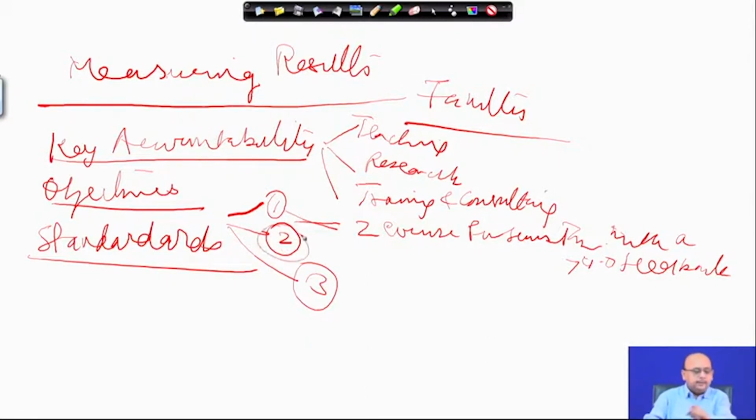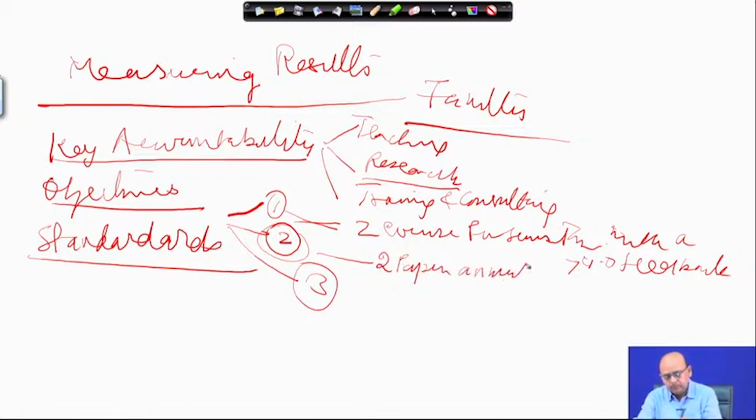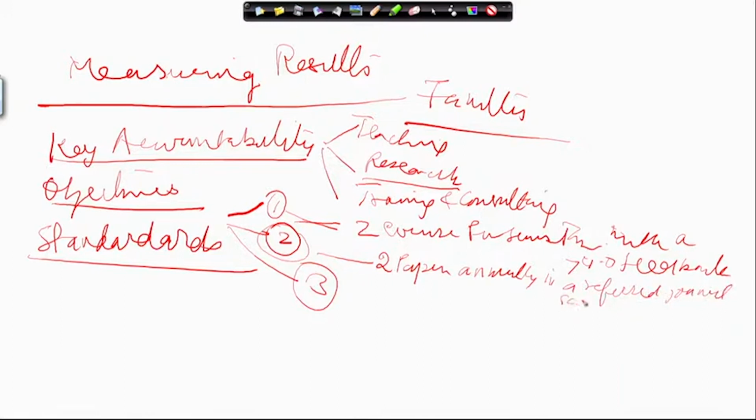The second objective is related to research. You say that you are going to publish at least 2 papers annually in refereed journals, which means Scopus indexed. So, this becomes a very specific objective, and the quality is maintained here.